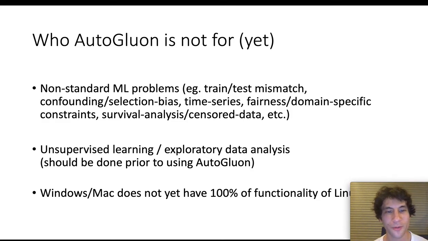For unsupervised learning or exploratory data analysis, we encourage you to use third-party tools. These are critical parts of a good modeling pipeline, but they really should be done prior to using AutoGluon, which is mainly designed for the supervised learning aspects of the pipeline. We also want to emphasize that this is mainly intended to be run on Linux, and it only supports Python. A lot of the functionality does work on Windows and Mac, but it's just not rigorously tested there.